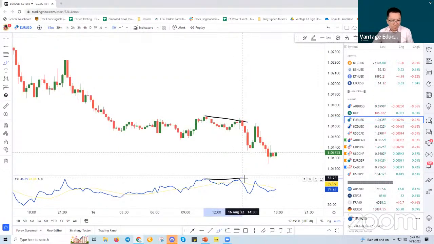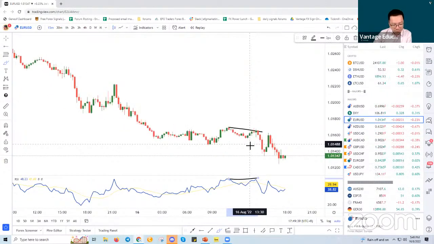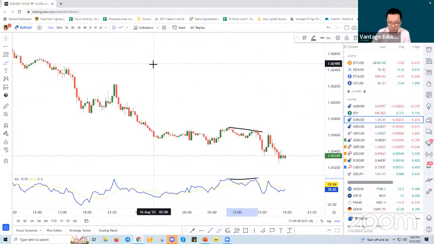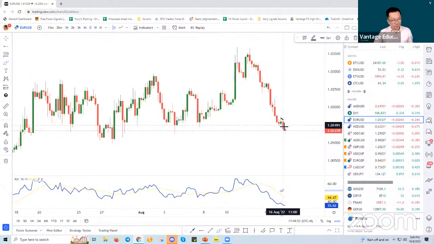Okay, so see, it could be an example as well that it's harder to find because there are so many movements, so much noise in the smaller time frames, compared to when we're looking at the Aussie dollar H4, where I spotted one almost straight away. When we looked at the euro dollar on the H4, spotted one almost straight away. Different kinds of divergence as well.